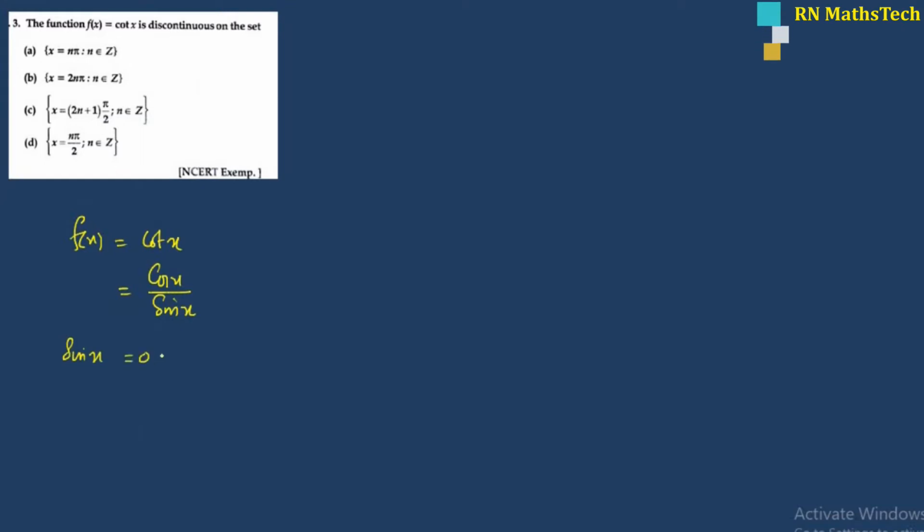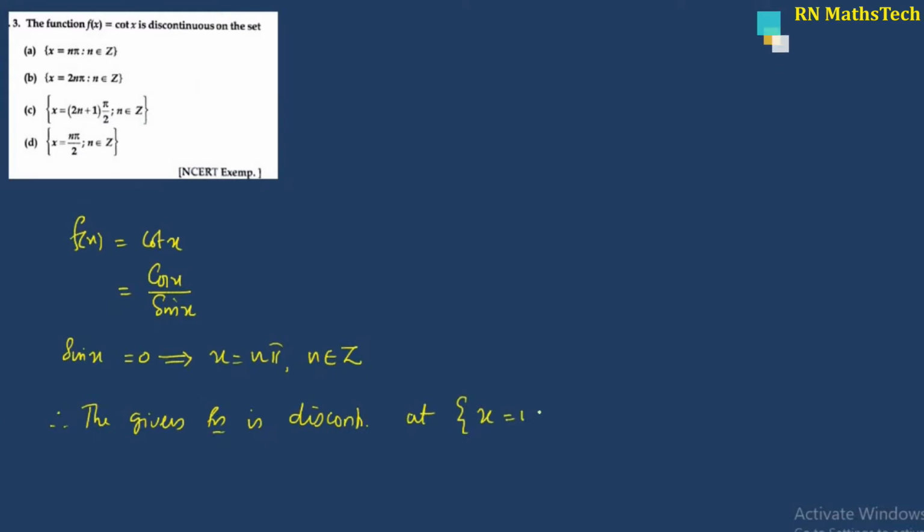Sin x equal to 0 implies x is equal to n pi, where n is an integer. Therefore the given function is discontinuous at the set of all x is equal to n pi, where n belongs to Z.